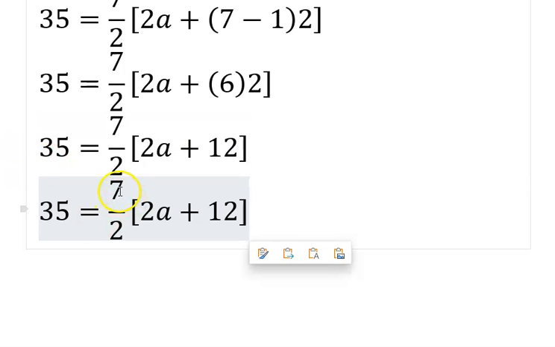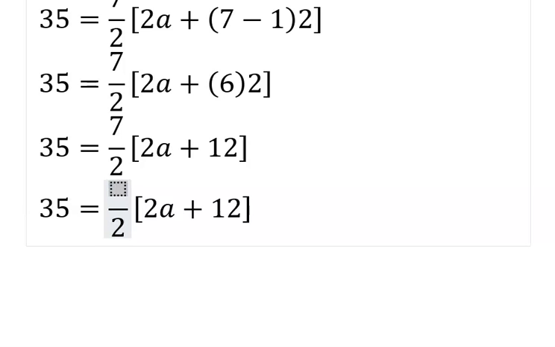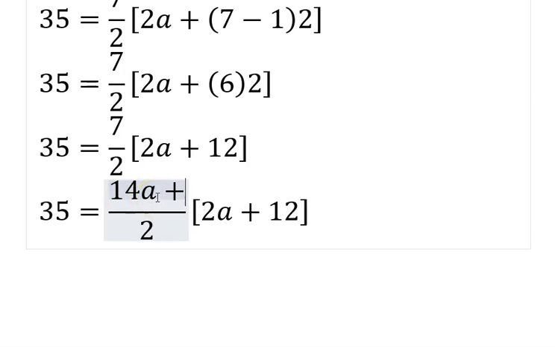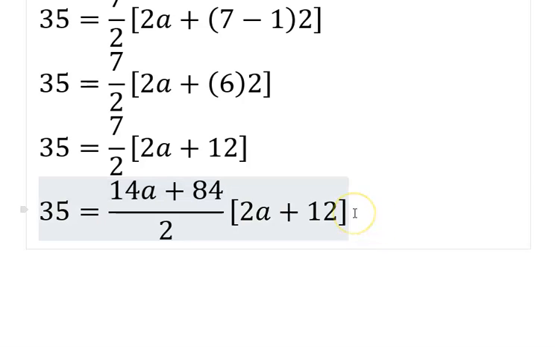If you say 7 times 2a, let's open it up. 7 times 2a will give you what? 14a. Plus 7 times 12 here will give you what? 84. So you've been able to open up this bracket.